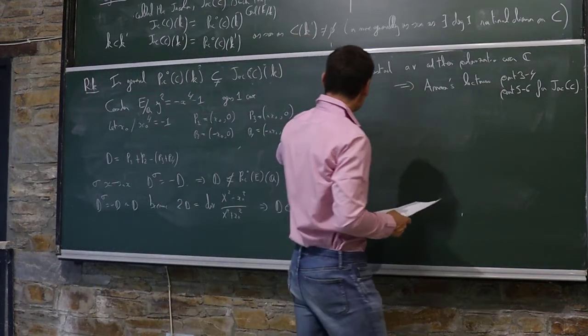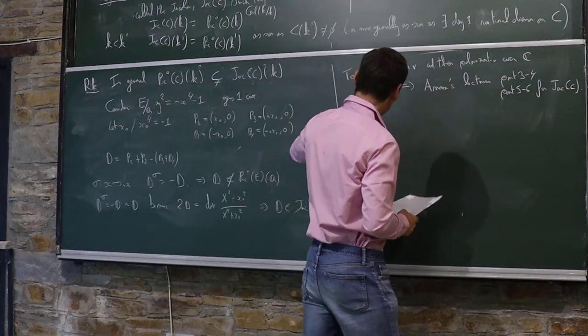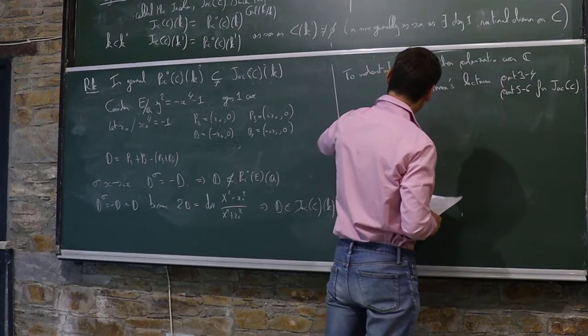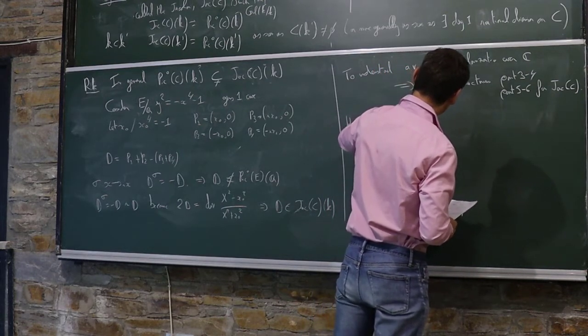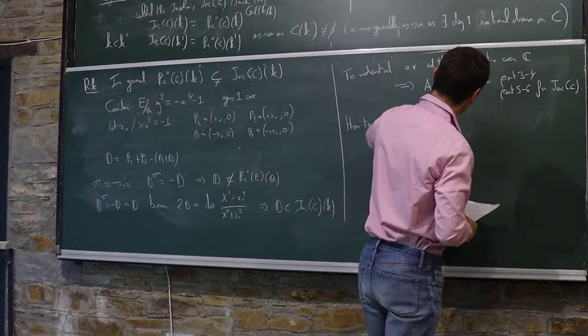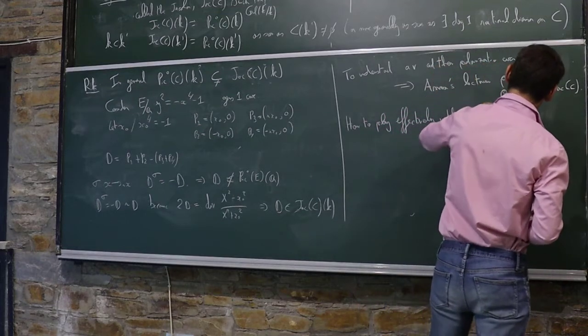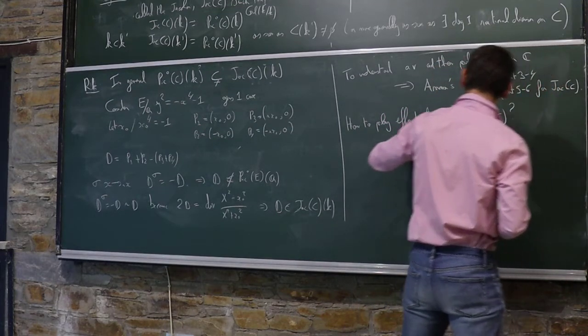So how to play effectively with the Jacobian of a curve?